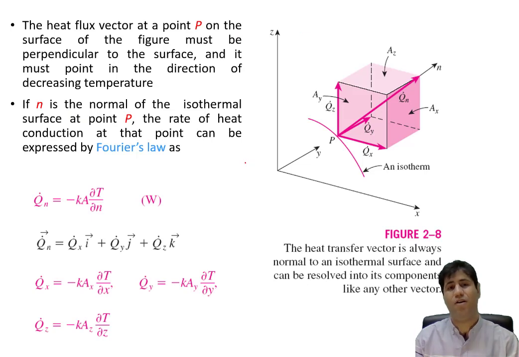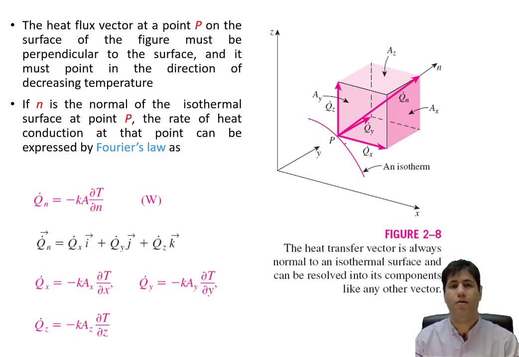Now, if you are going to develop this Fourier equation for a three-dimensional element, like what you can see here, here we have only x. Now we are going to see, if we have a three-dimensional element, how the heat conduction through that element will be. We have three directions: x, y, z.